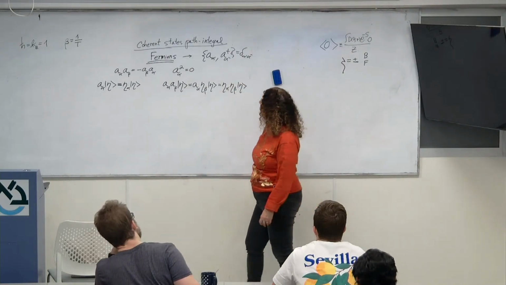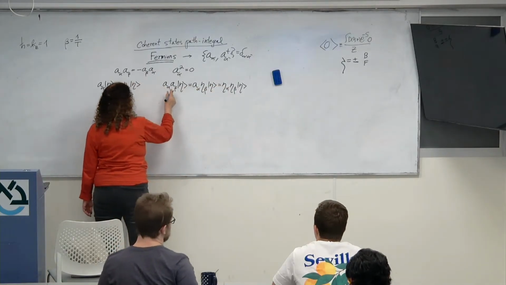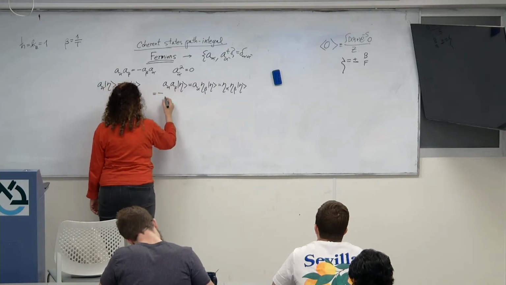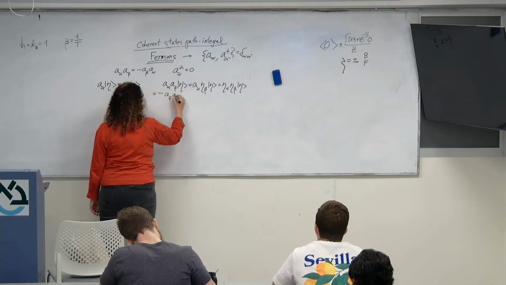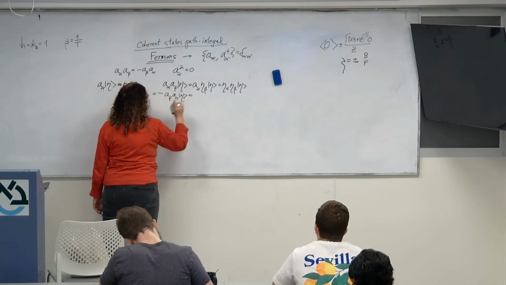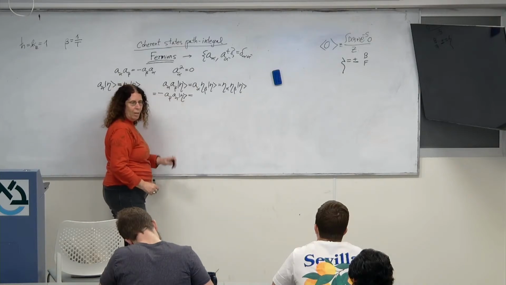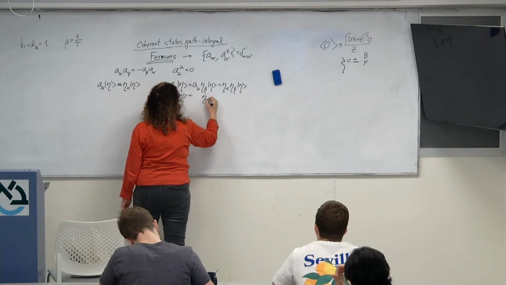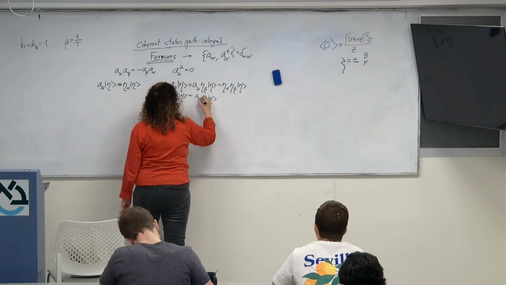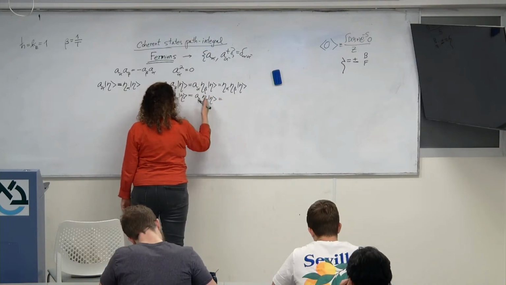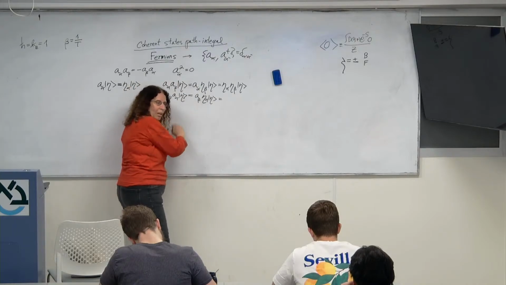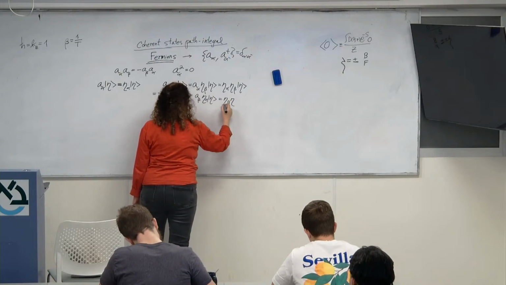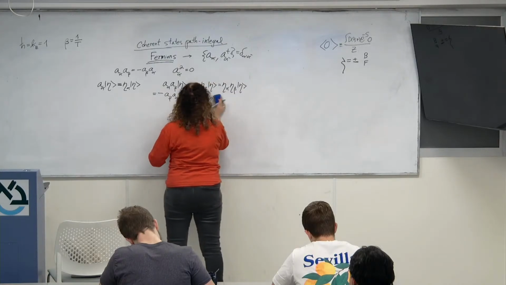However, A alpha A beta has to be equal to minus A beta A alpha, where here I first apply A alpha, right, so I get eta alpha, A beta, and eta alpha is just a number, A beta acting on eta gives you eta beta, sorry, I forgot the minus sign.